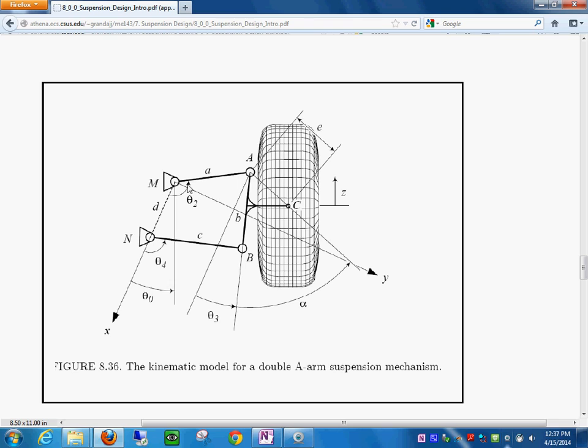In other words, if this forward linkage displaces one way or the other, the position of C becomes very important because that would be the position where the center of mass of the tire is.